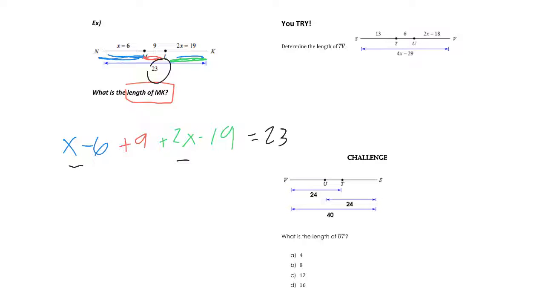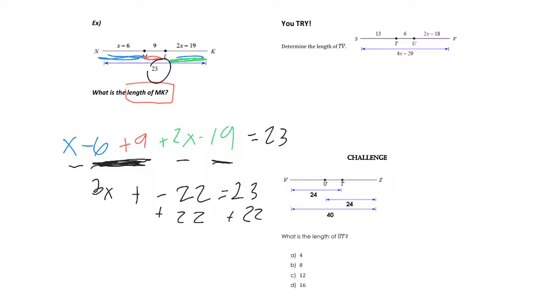First, I see an x and a 2x, so 3x, plus, I should have put minus, because it's going to be negative here. So 9 minus 6 is negative 3. Minus 19 is minus 22 equals 23. I'm going to add 22 to both sides using my inverse operation.